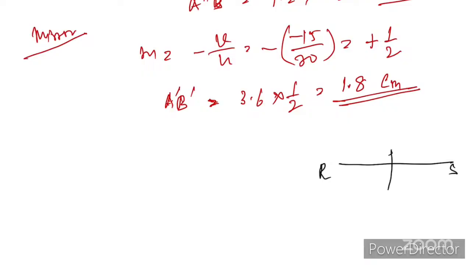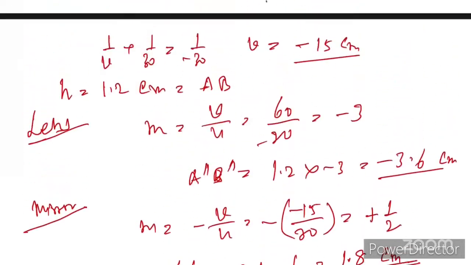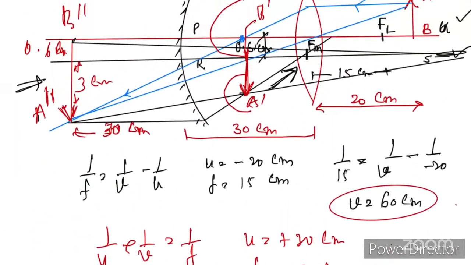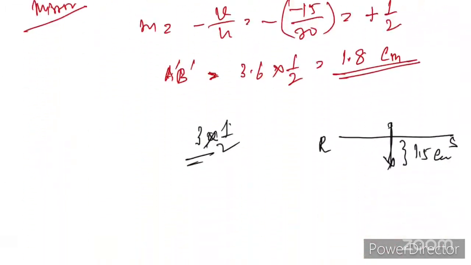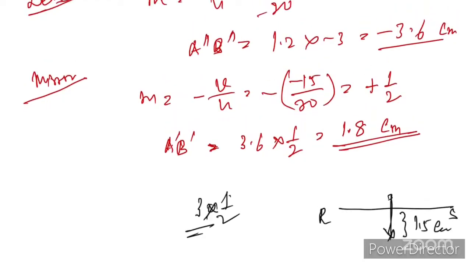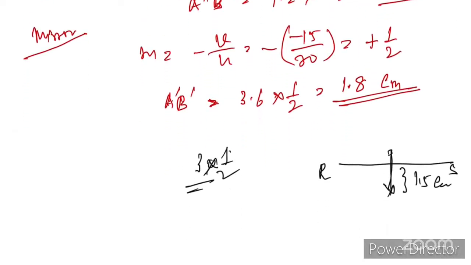So the image is like this, and 3 centimeter, 3 into 1 by 2, this is 1.5. So this distance will be 1.5 centimeter, and here it is 0.6 centimeter, then it will become half, and this will be 0.3.